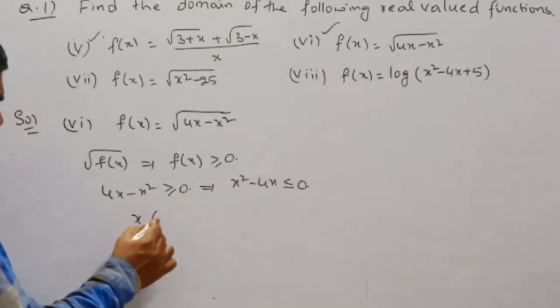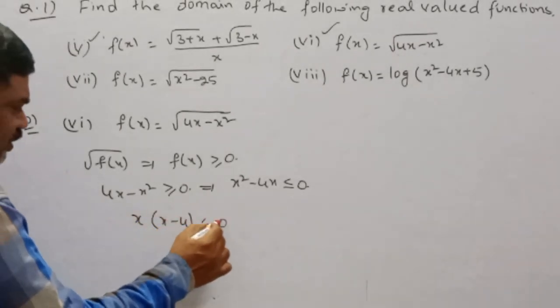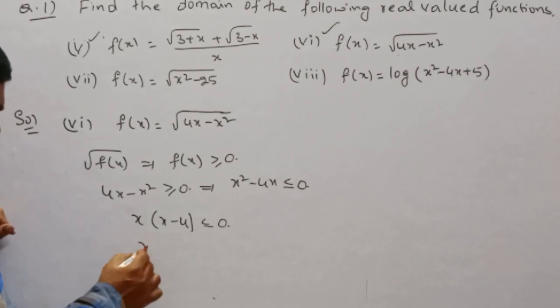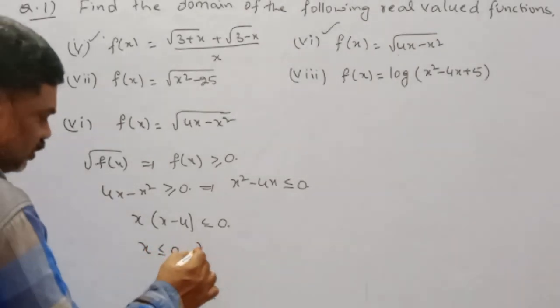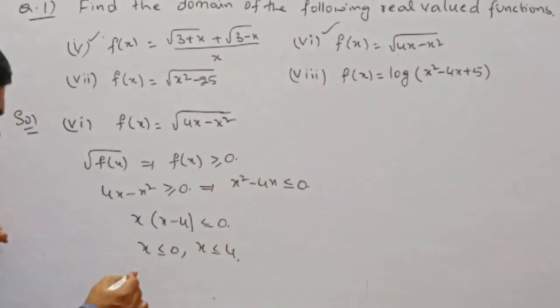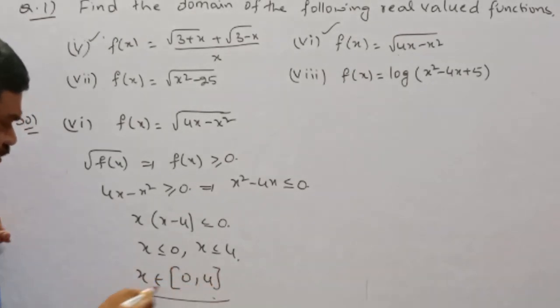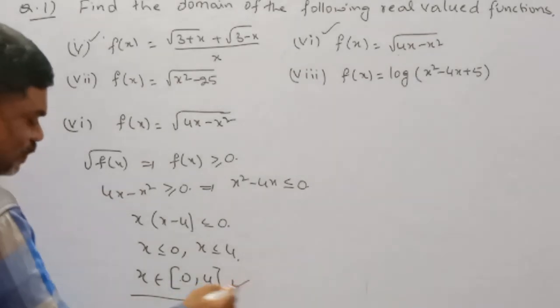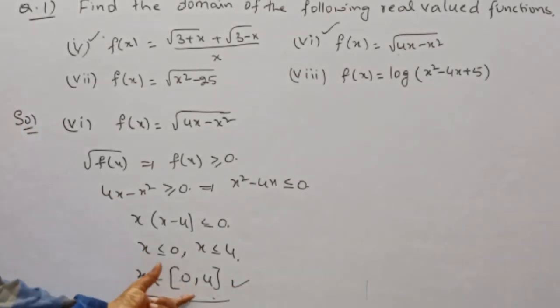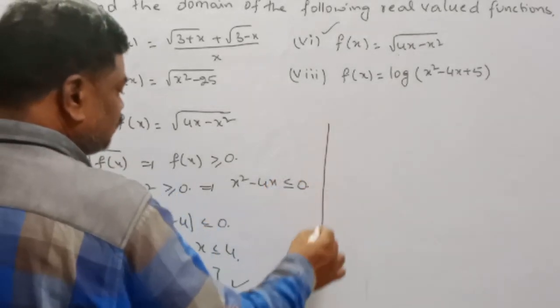So x common, x minus 4 less than or equal to 0. Implies x greater than or equal to 0, x less than or equal to 4. X belongs to the closed interval 0 to 4, which is the domain of this function. Okay, all of you.